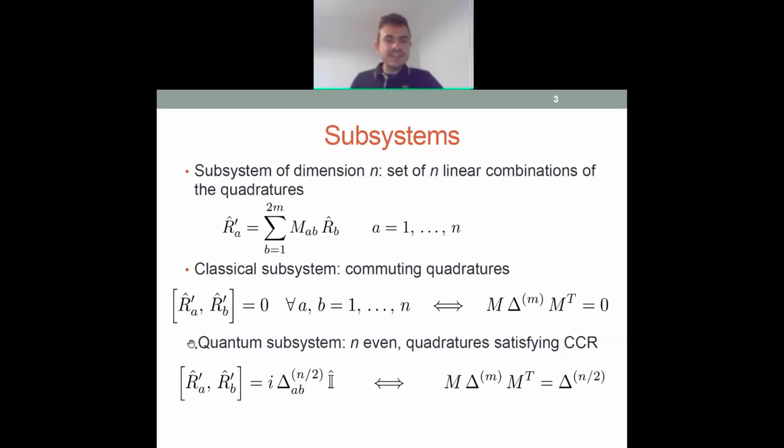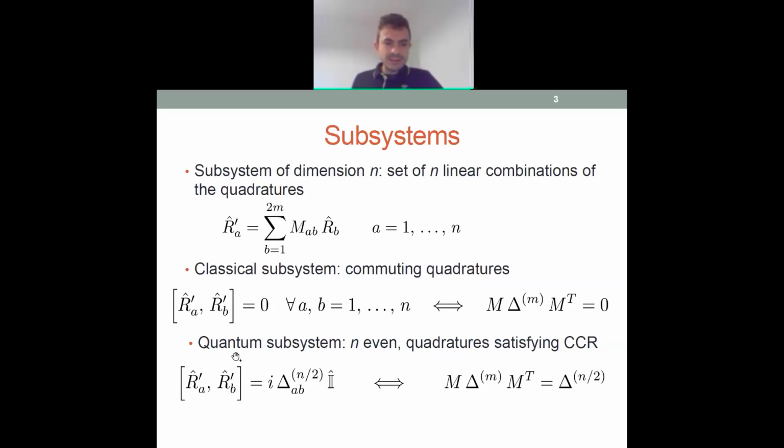While the second case that we consider is the case of a fully quantum subsystem. And in this case, we will need an even number of quadratures. And also the primed quadratures should satisfy the same canonical commutation relation as the original bosonic system.